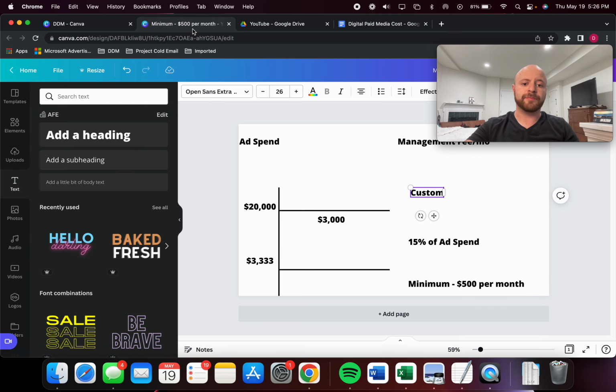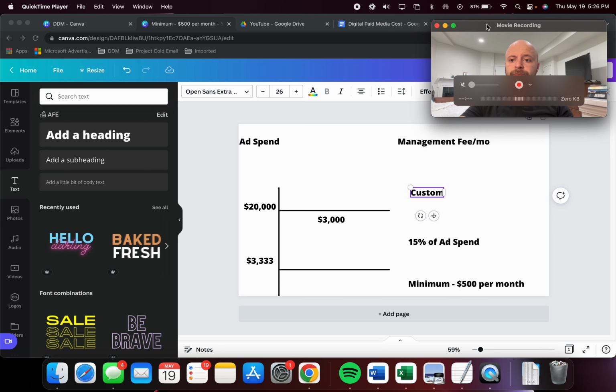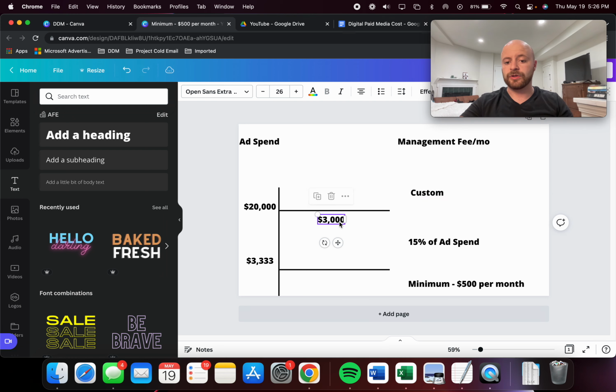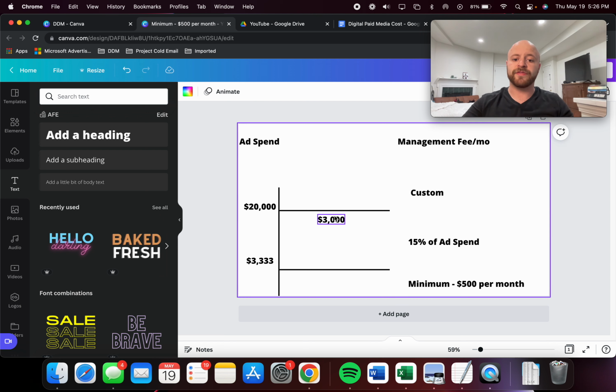So in our example here, based off of 15% of ad spend to evaluate the market, you should get paid $3,000 if the ad spend is $20,000 or more, no matter what. Then after that, to align the interest of the media buyer, freelancer, agency, what have you, with the client, for you guys to spend more money, we would do a custom tier based off of results.